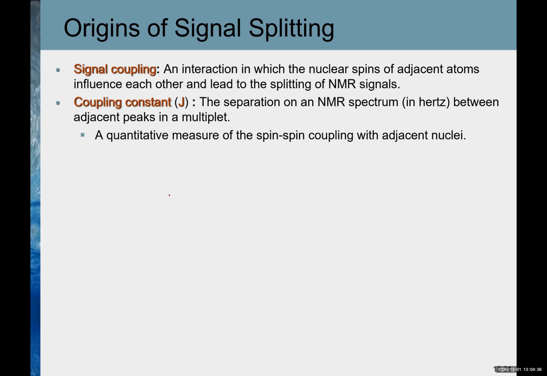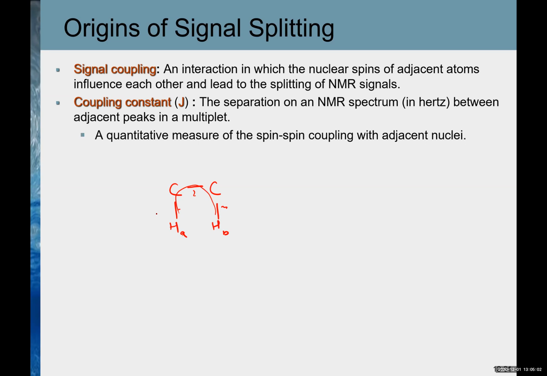If the neighboring proton is 3 bonds apart, for example, let's call this A and let's call this B. So hydrogen A and hydrogen B are how many bonds apart from each other? 1, 2, and 3, right? So 3 bonds apart.